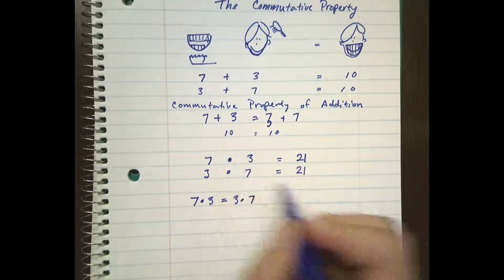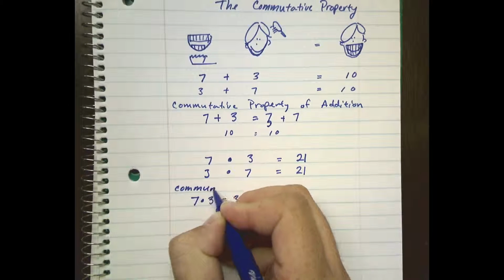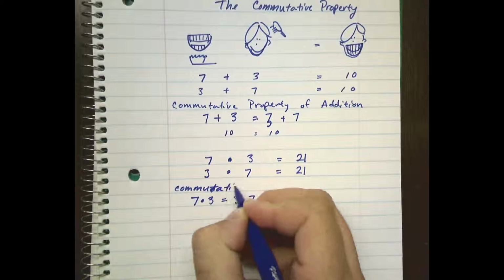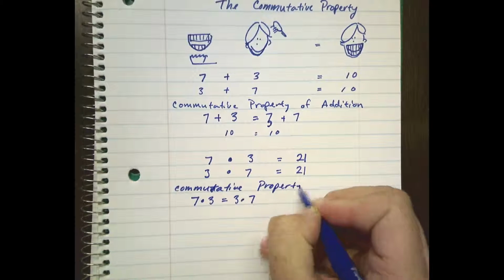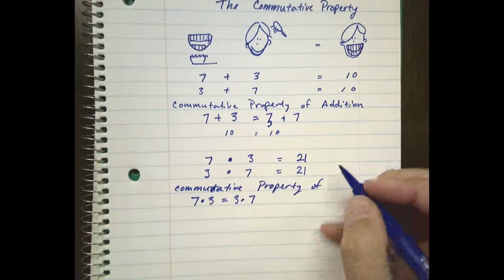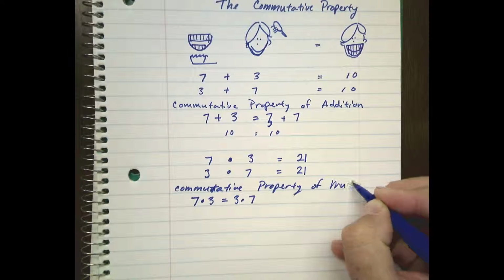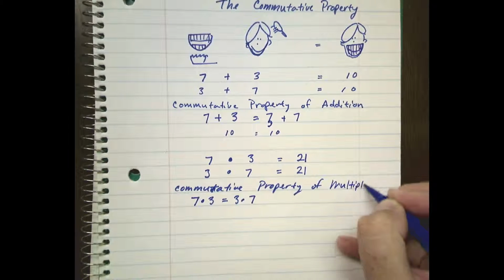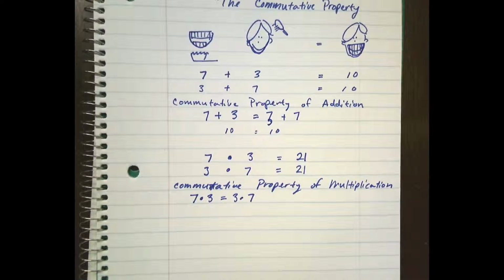So, and this is called the commutative property of, since we're multiplying, it's multiplication.